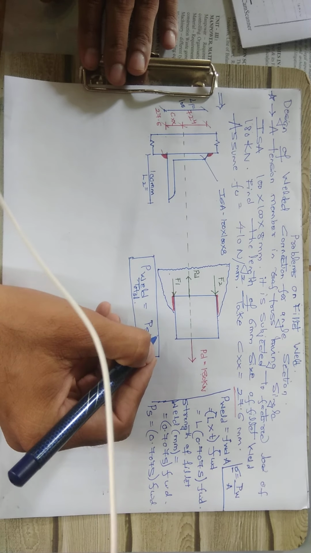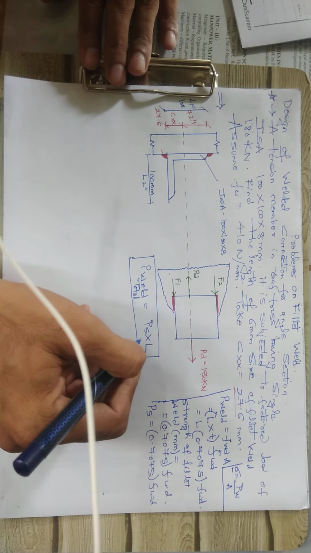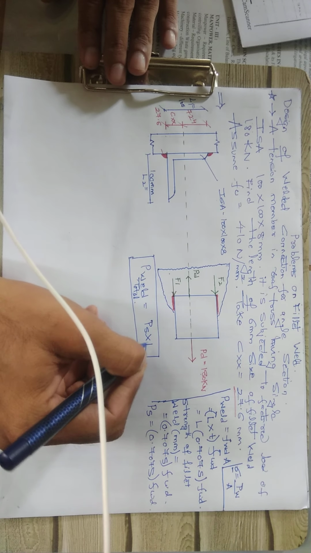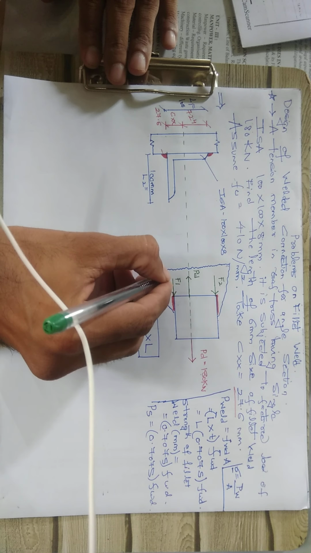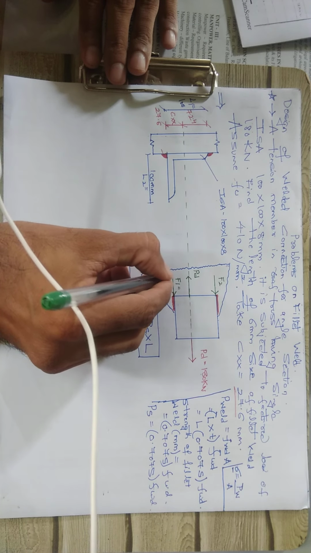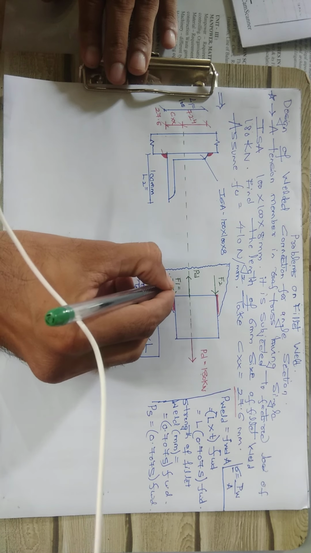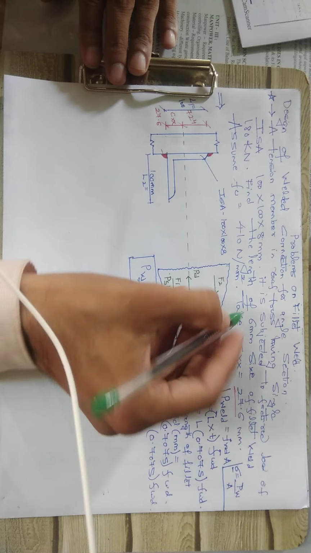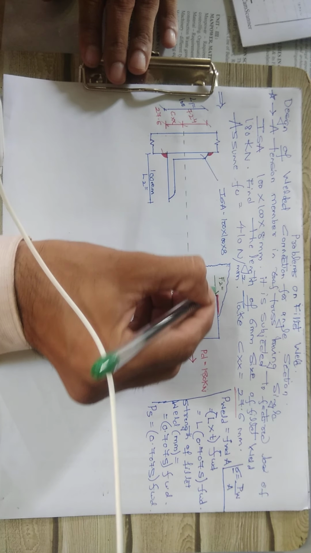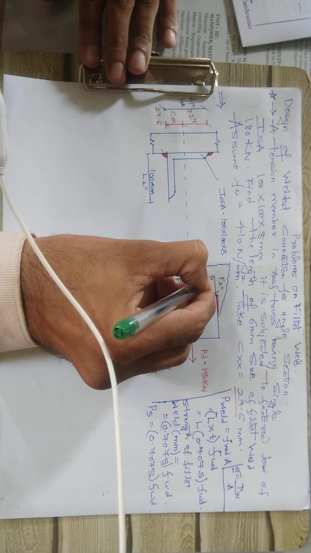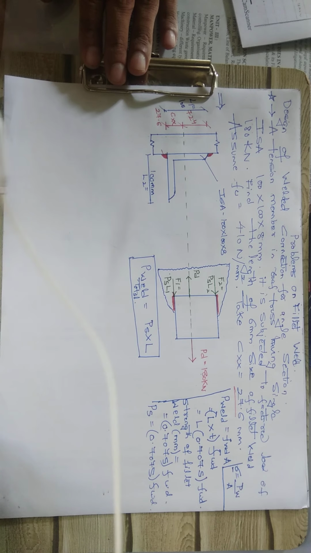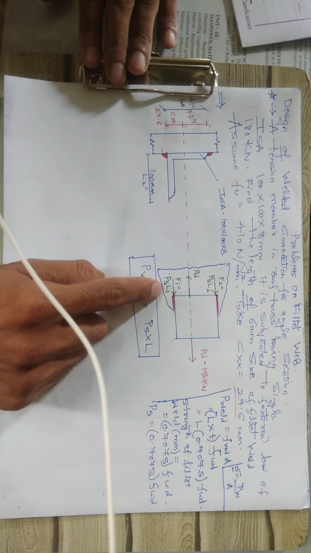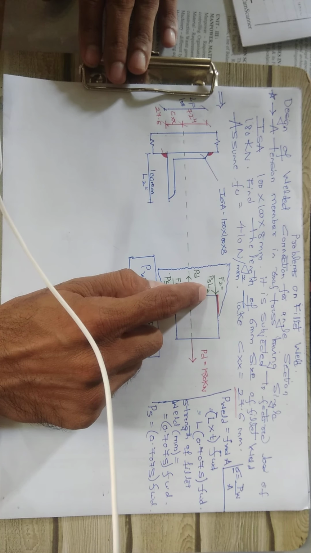So for calculations, for finding out the lengths separately as L1 and L2, we have derived this formula as PS into L. The F1 value is PS into L1, and the F2 value is PS into L2.